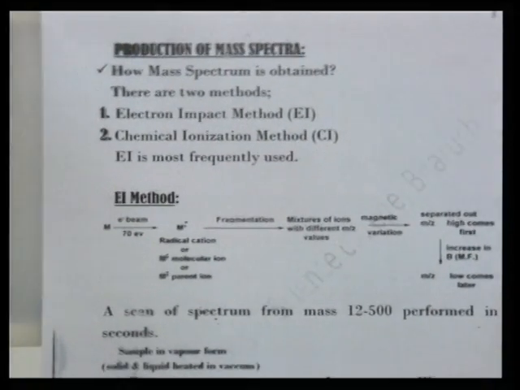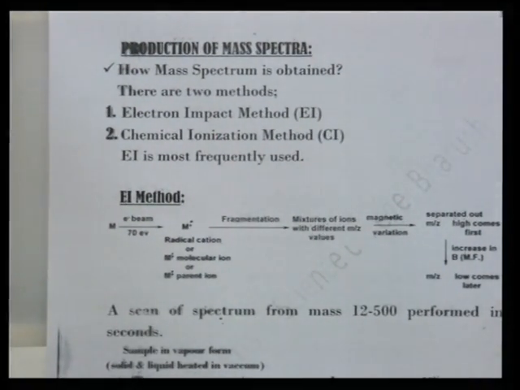Now, next, production of mass spectra. How is a mass spectrum produced? There are two methods, the electron impact method and the chemical ionization method, known as the EI and CI methods. The EI method is most frequently used, so today we shall discuss this EI technique in detail.